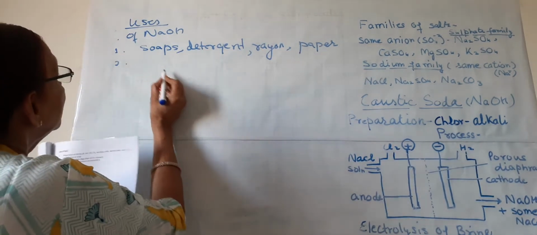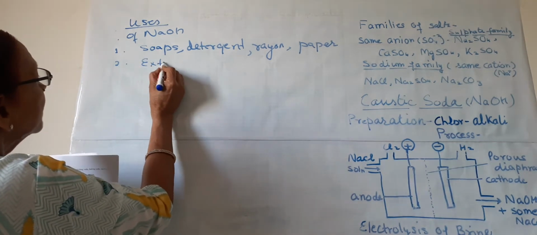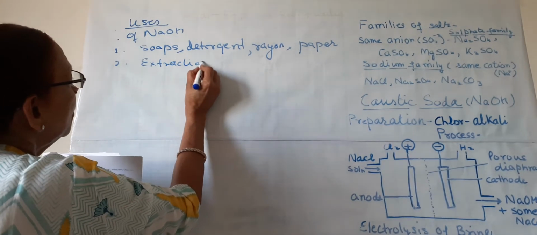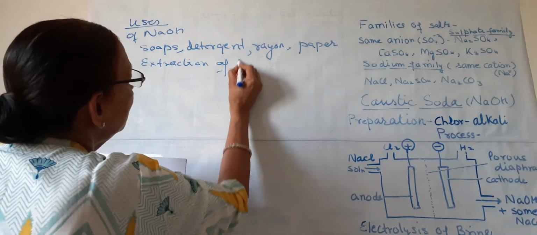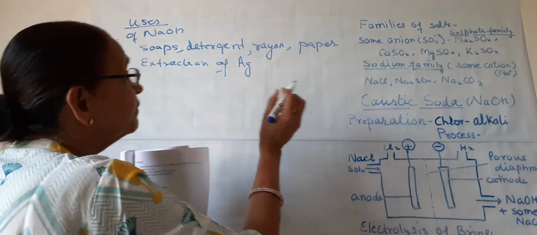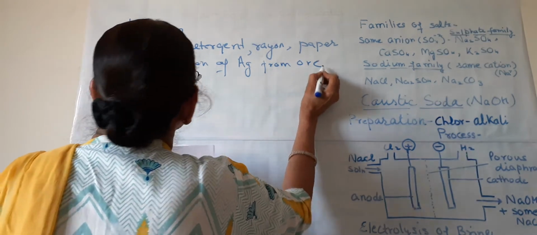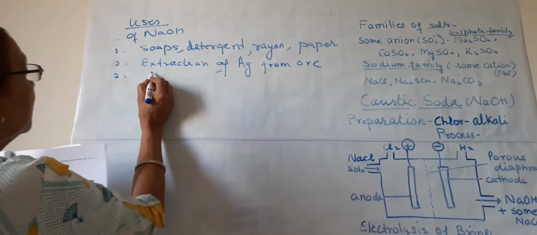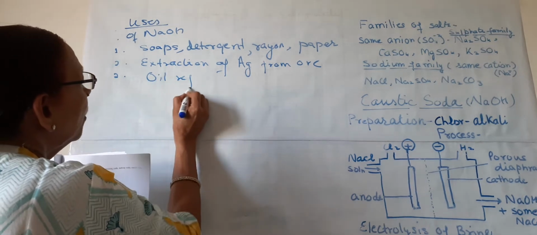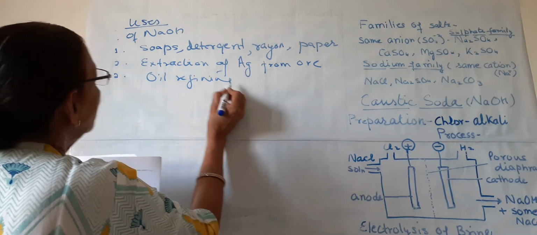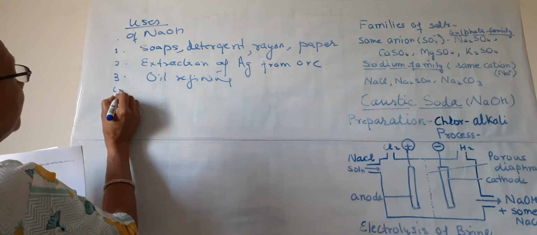Second, it is used for extraction of silver from its ores. All of you know the symbol of silver. So this is the second use. Third, it is used in oil refining.